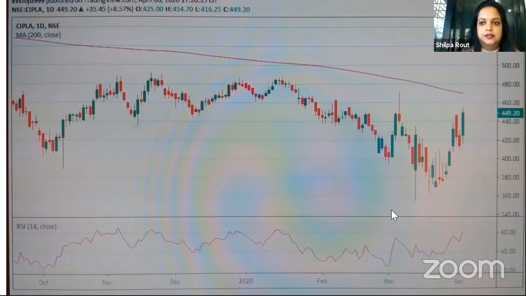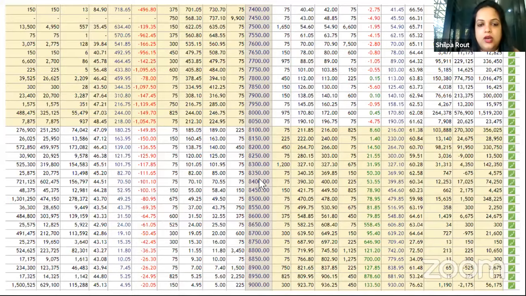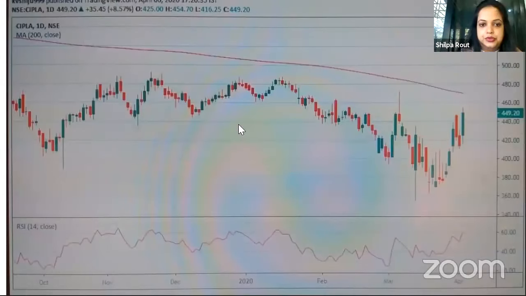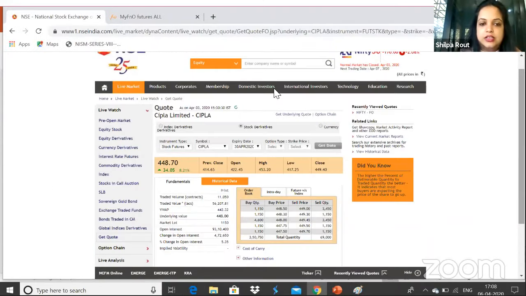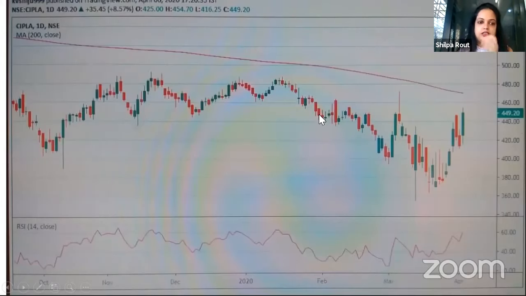Now, this is again one important page. This is the Nifty option chain. Like you went to the Cipla option chain page, the same way you need to go to the Nifty option chain page. I'll show you. On the same page, you need to filter equity derivatives, type in Nifty to go to that particular page, and once you're there, go to the option chain, and you will see this sort of page come up.